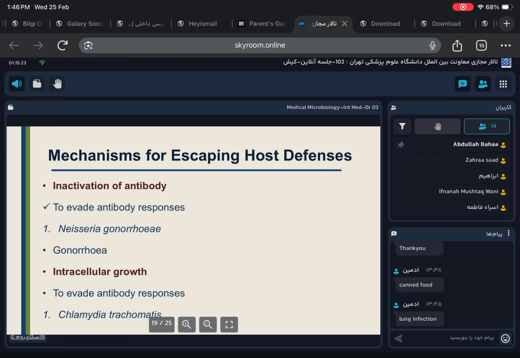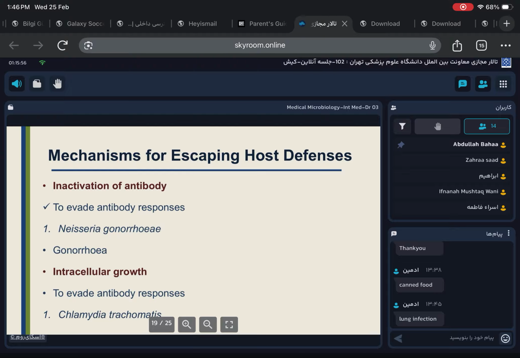And sometimes some bacteria have intracellular growth. They grow inside the cell. By growing inside the cell, bacteria are hiding themselves from phagocytic cells, from antibodies, and from the complement system. It's not that our immune system cannot respond to intracellularly growing bacteria. That's not true.